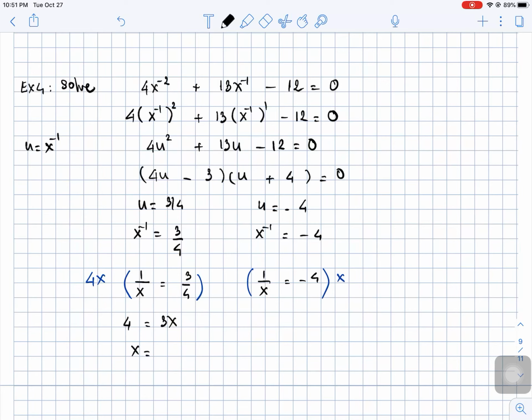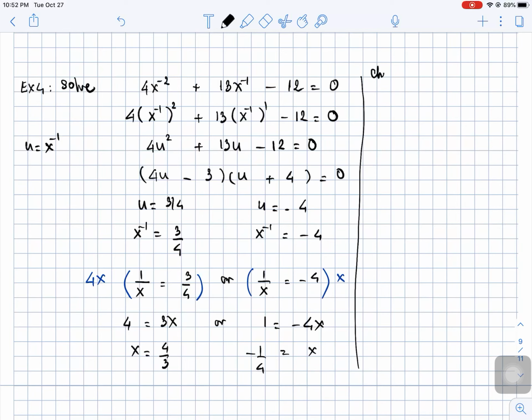And then when we solve an equation that has the x in the denominator, we need to multiply both sides by the LCD, which is 4x. And for the second one, the LCD is just x. Then we get 4 equals 3x.